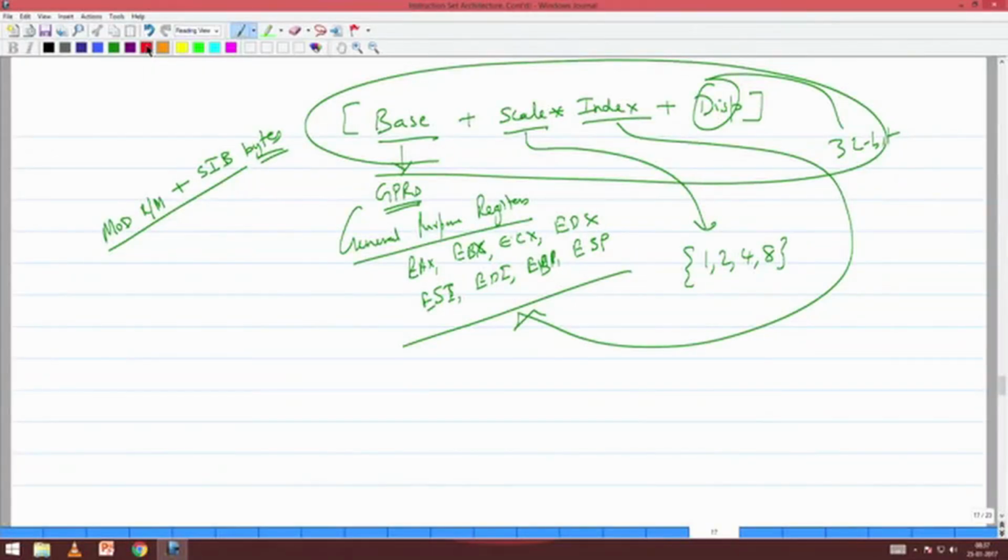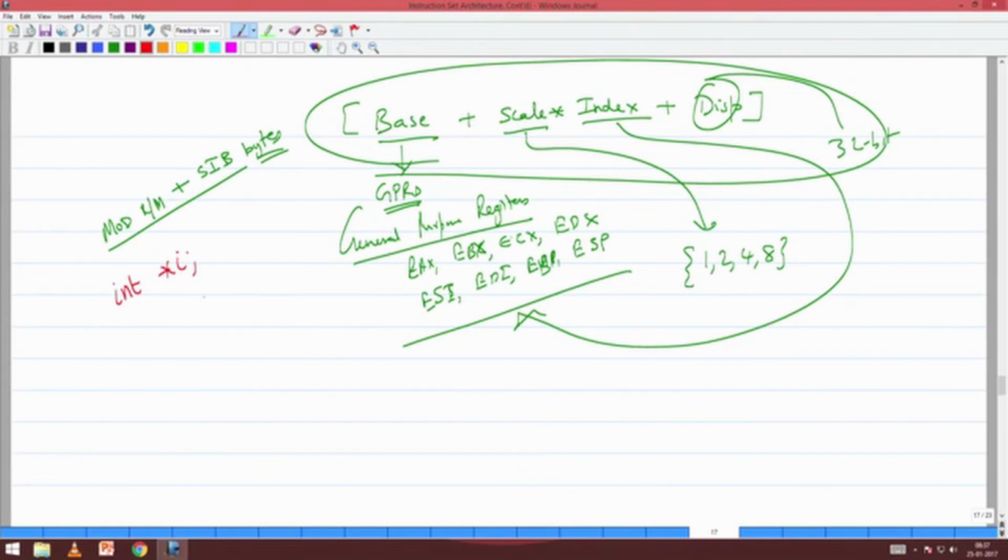Now, coming to why we have so many complexities that we are looking at. Who is driving all these things? There should be some programming language construct that is going to drive this. For example, if I have int *i, this is a pointer, correct? How do I manage this?